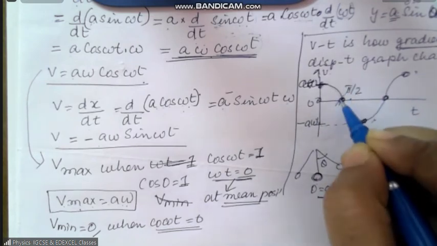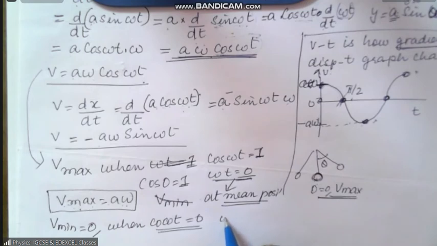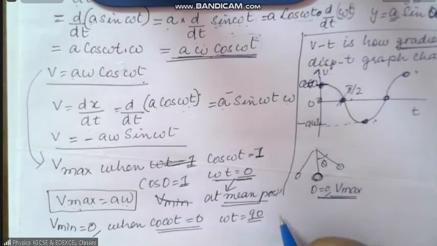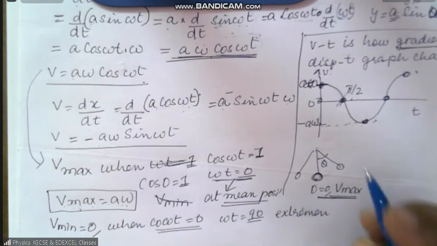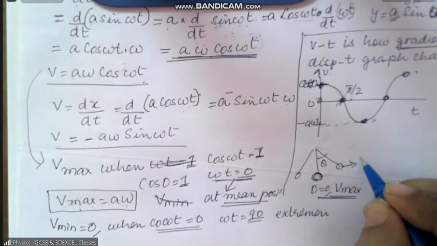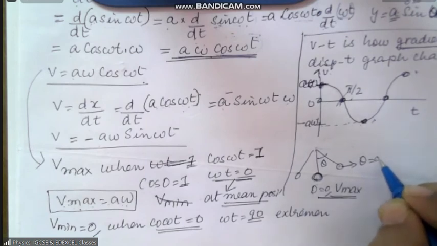That means omega t is 90 degrees. When is omega t 90? This is theta 90. That means this is the extreme position. Here, theta is equal to 90.